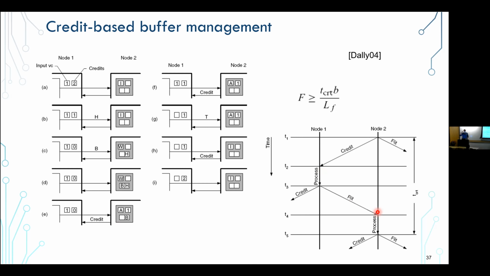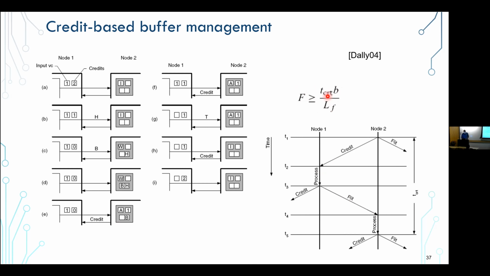In the case that the buffer downstream is full, once it empties, that's the whole procedure that has to happen. Credit, flit, and now you have sent the actual flit, right? So that's why the depth of the downstream buffer, F, the depth in the number of flits, is the round trip latency times the bandwidth, of course, divided by the length of the flit in bits.